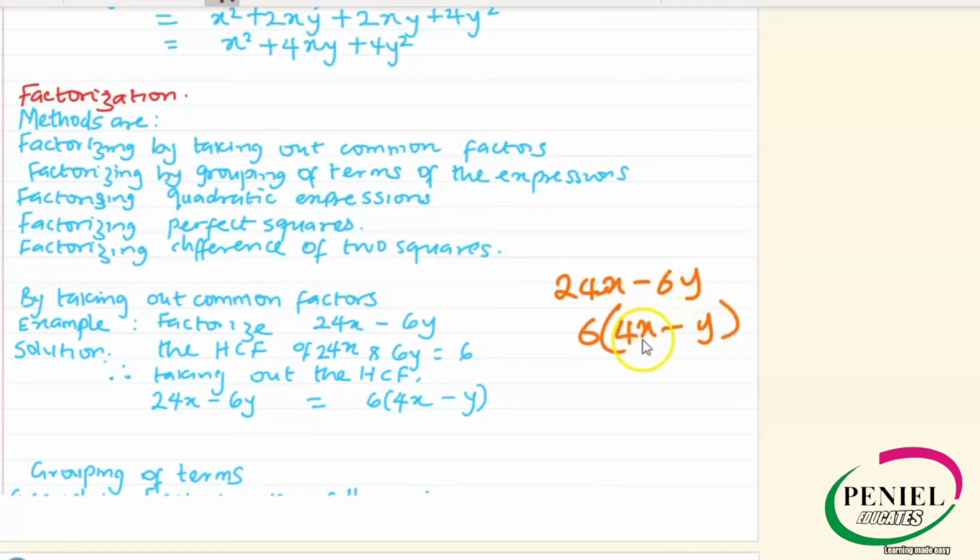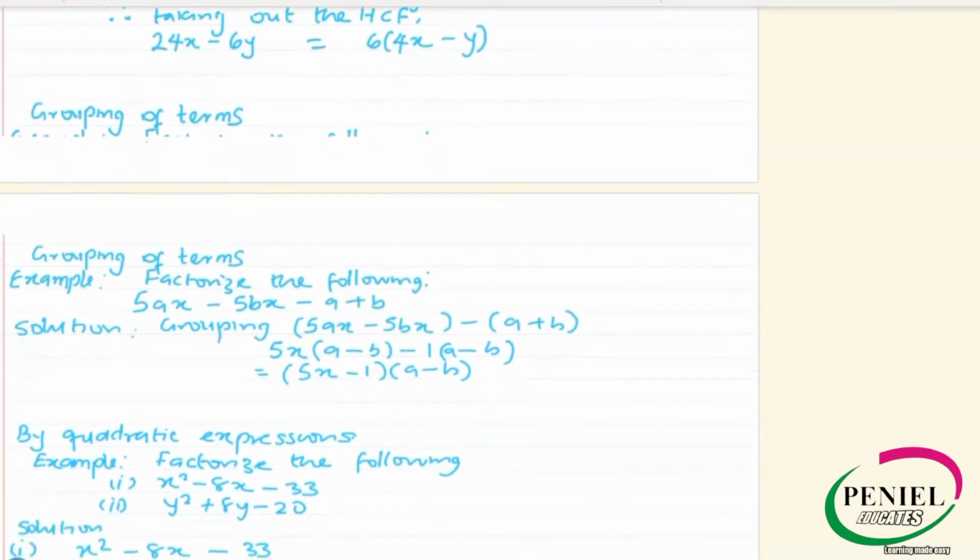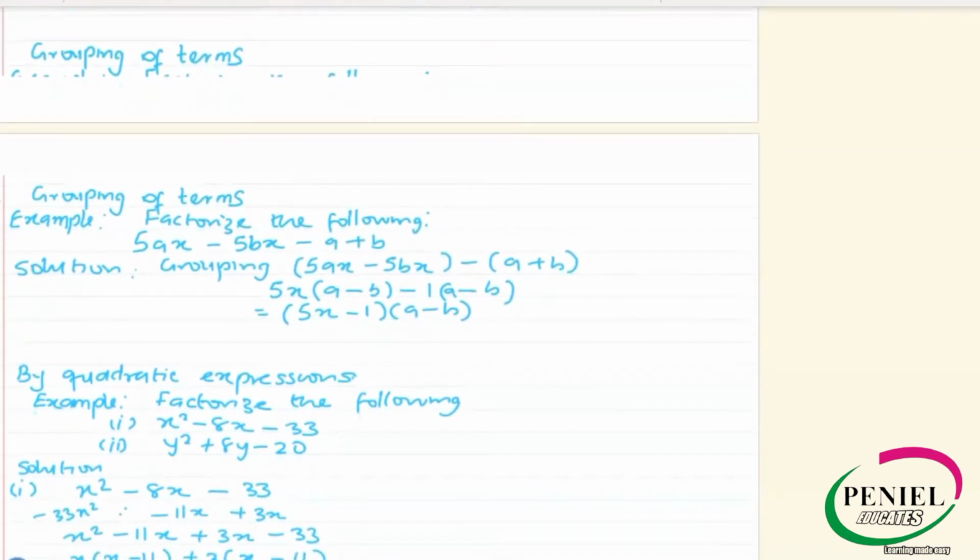So that's how we can take out common factors when we are factorizing such expressions. We also look at grouping of terms. This was discussed earlier. Factorize the following: 5ax minus 5bx minus a plus b. We can regroup so that 5ax minus 5bx are grouped together.